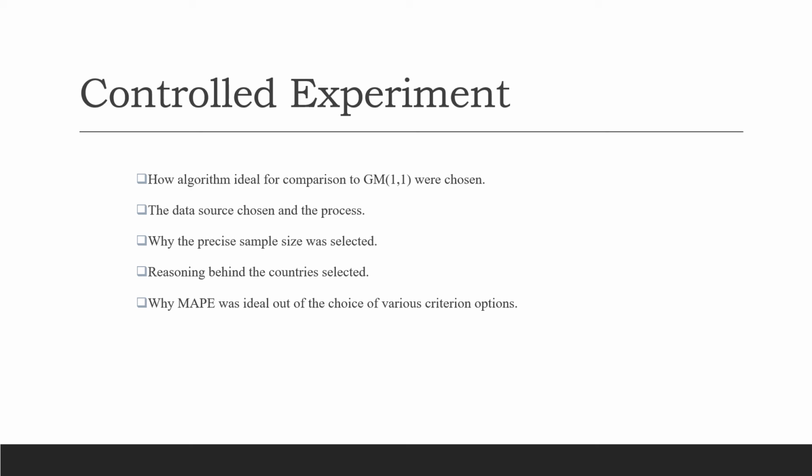The first type is scale dependent errors. These methods can only be used for comparing algorithms when the data sets are in the same units. The second most common type is percentage errors. So these are unit free.